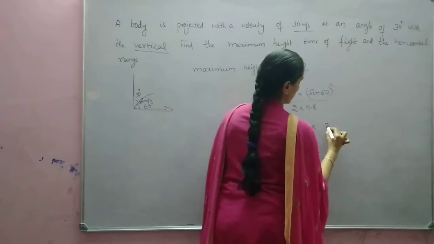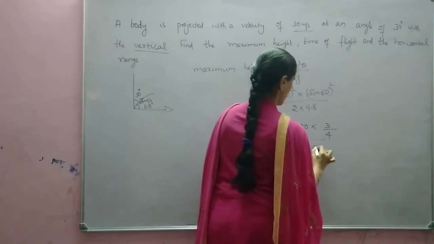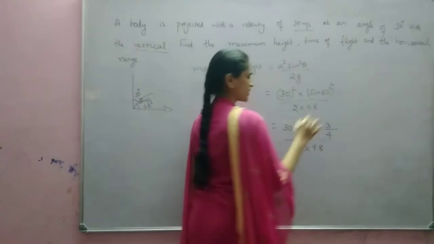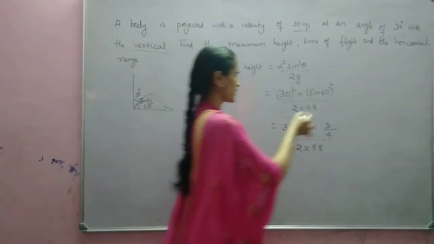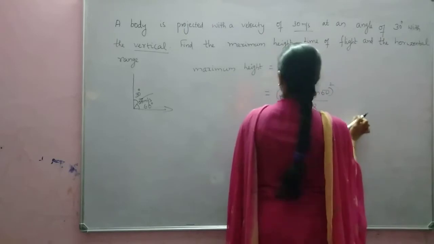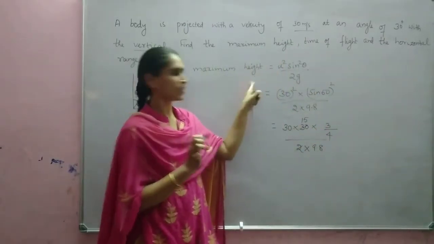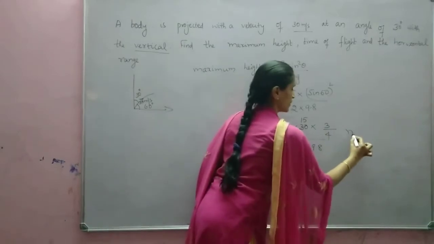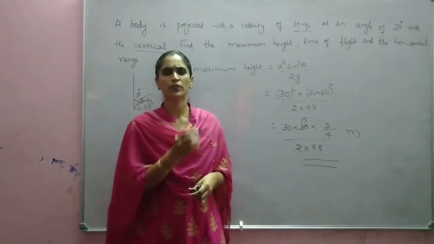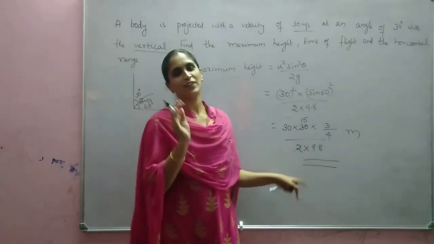What you will get is 3 by 4, 2 into 9.8. You can simplify it and write the final answer. What will be the unit? This is maximum height, so the unit will be meters. Multiplication and division you can do; I think there is no problem for you to do that, so you can find the answer.